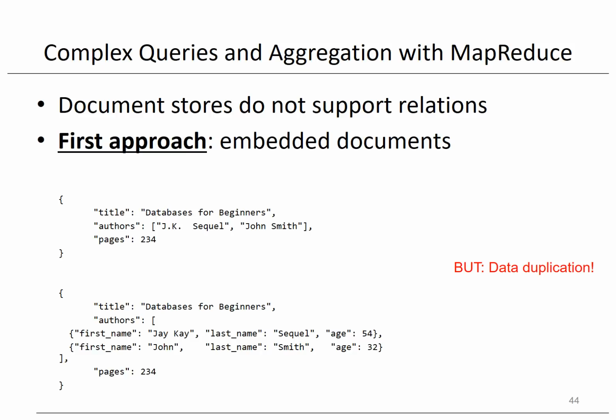This concept is referred to by MongoDB and other vendors as embedded documents. The downside of this approach is that it can quickly lead to data duplication and can make it cumbersome to perform an update to an author's information because every book containing that author entry will have to be updated.